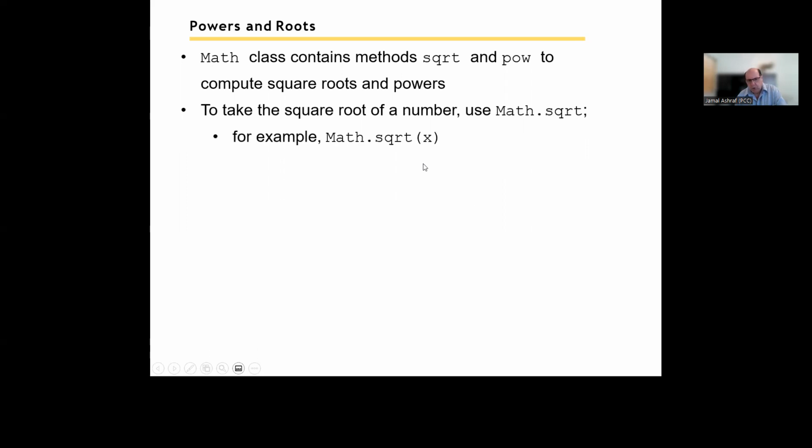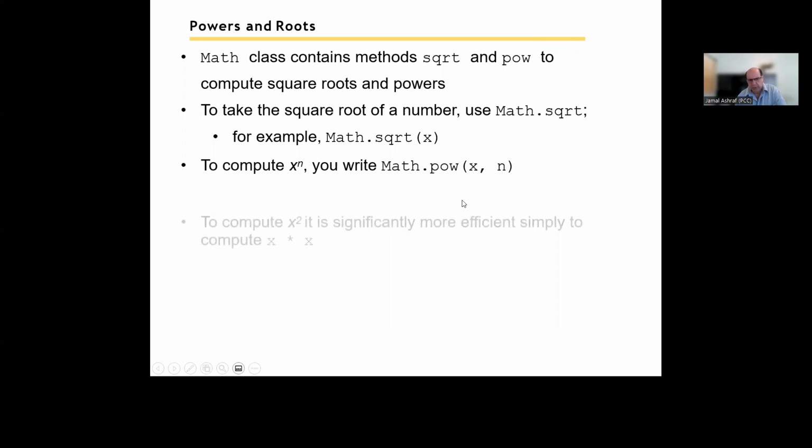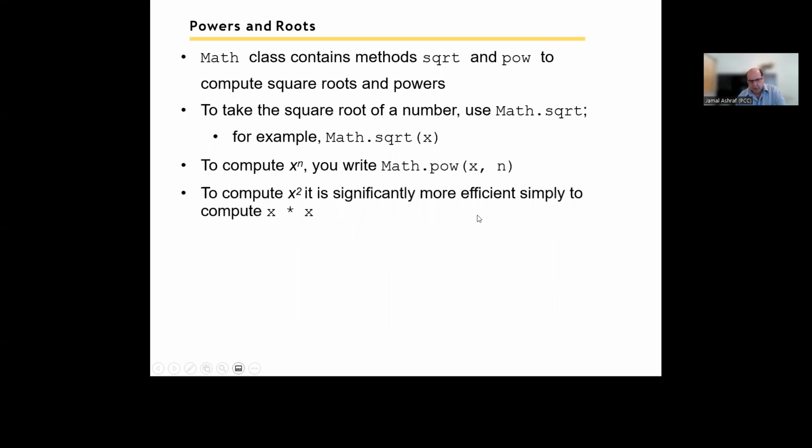I can put a number in there and it's going to return the square root for me. We have the power in there too for Math. It's going to be the first number to the power of the second number. We can use pow for x to the power of 2, but it could be just x times x as well.